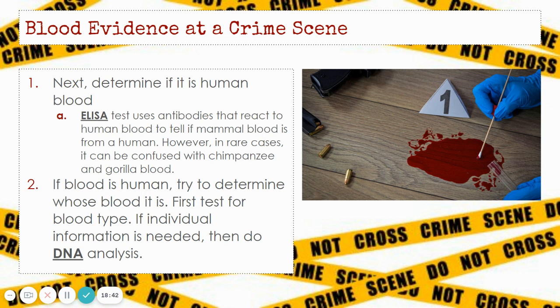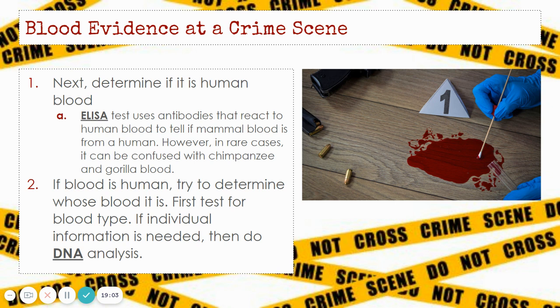In rare cases, it can be confused with chimpanzee or gorilla blood just because we're so closely related to those organisms. However, the likelihood of it being chimpanzee or gorilla blood is obviously very low. But that test again is expensive, so it's only done in cases where we suspect it may not be human blood.